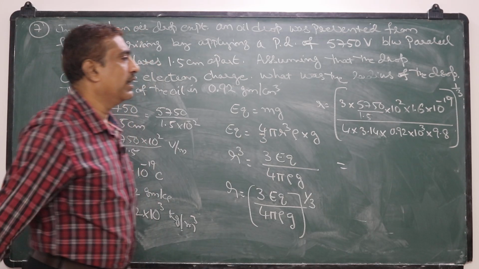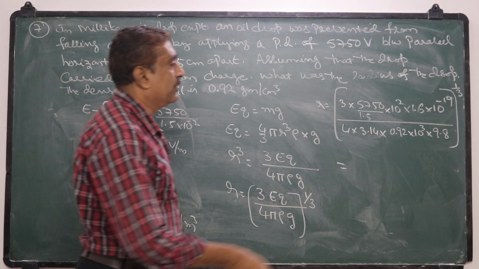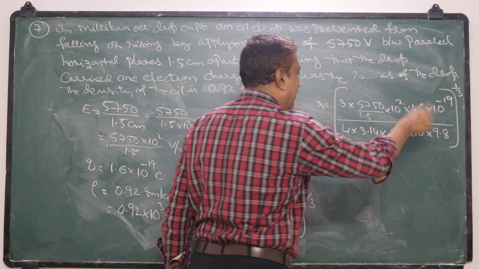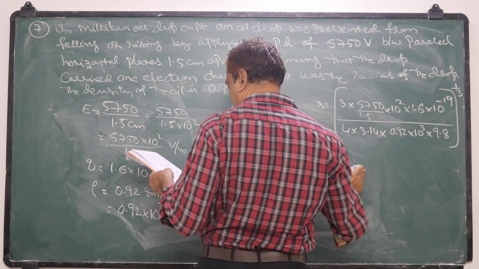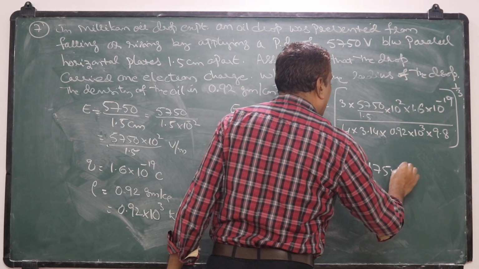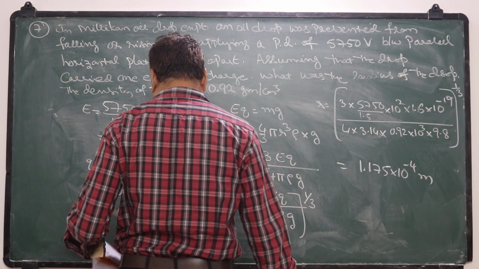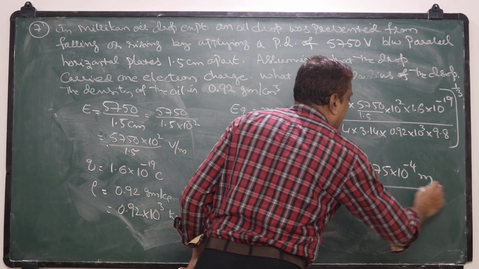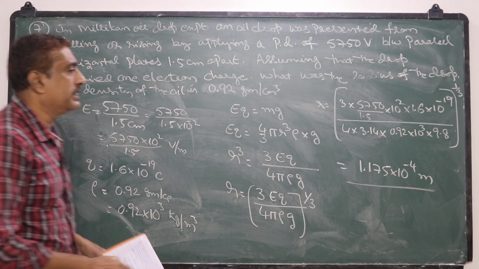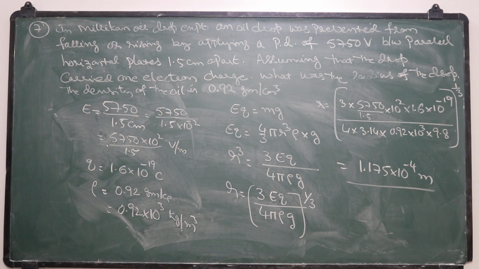You have to calculate this value by calculator. On calculating, we get the total value as 1.175 into 10 to the power minus 4 meter. So I got this value. Please also check through a calculator.